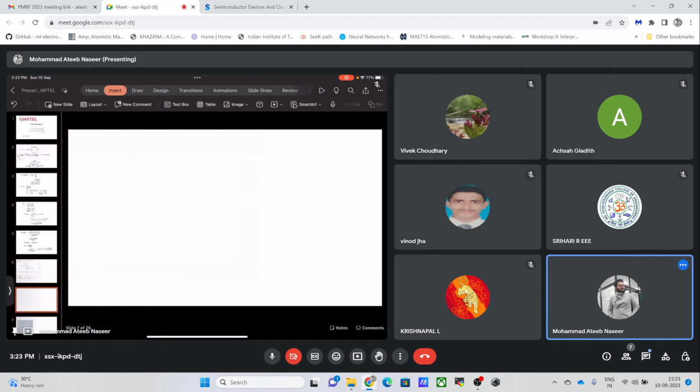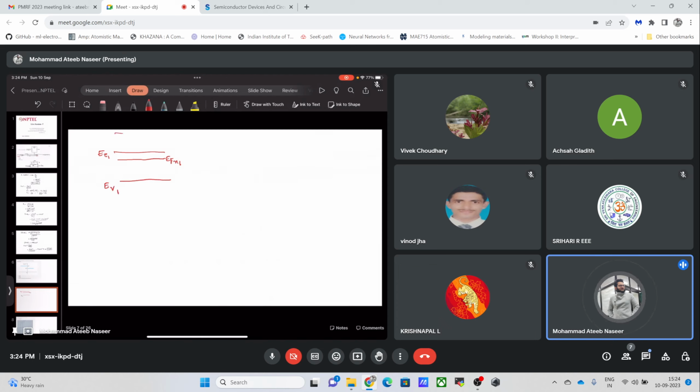band diagram, it simply means that on the left hand side, since the material is of the same type, I am having more dopant atoms. So if this is the EC1, this is the EFN1, and this is the EV1.